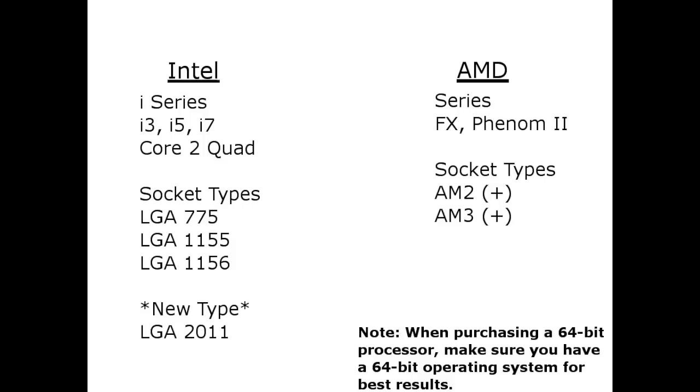Now, the last thing you want to look at when picking out a processor is whether it's going to be 32-bit or 64-bit. Now, the i-series, I believe, are all 64-bit, if I'm not mistaken, including the i3. Don't quote me on that one, but I'm pretty sure they at least support 64-bit. And this really comes down to the operating system at the end, because you could have a 32-bit operating system running on a 64-bit processor, but you're just going to be losing a lot of processing power that is just wasted, just lying there.